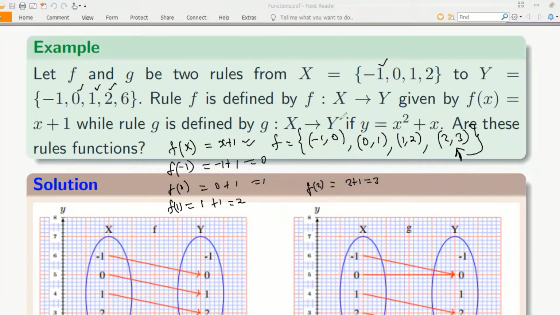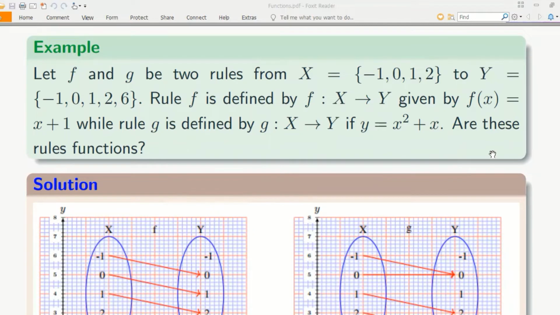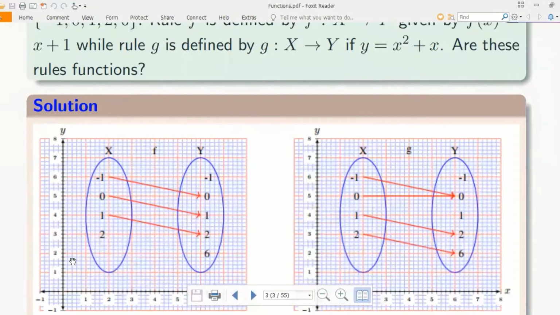But 2 is not assigned any element. So you realize that there is an object that has not been assigned to any element. By definition, f is not a function because every element in X must be assigned a single element in Y. That's what the definition says.